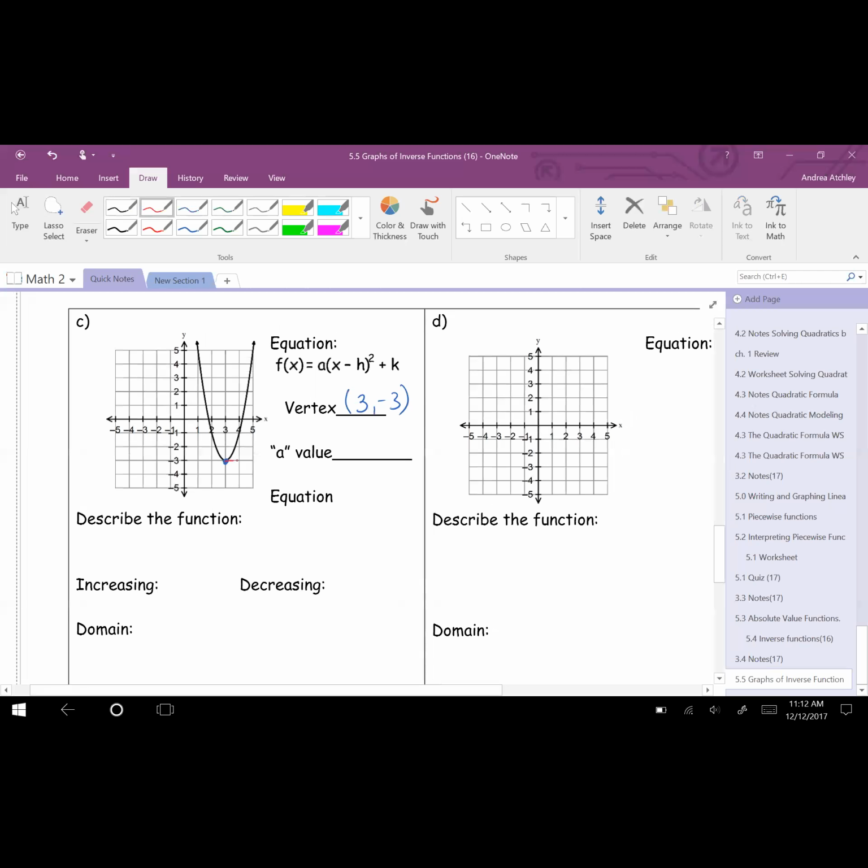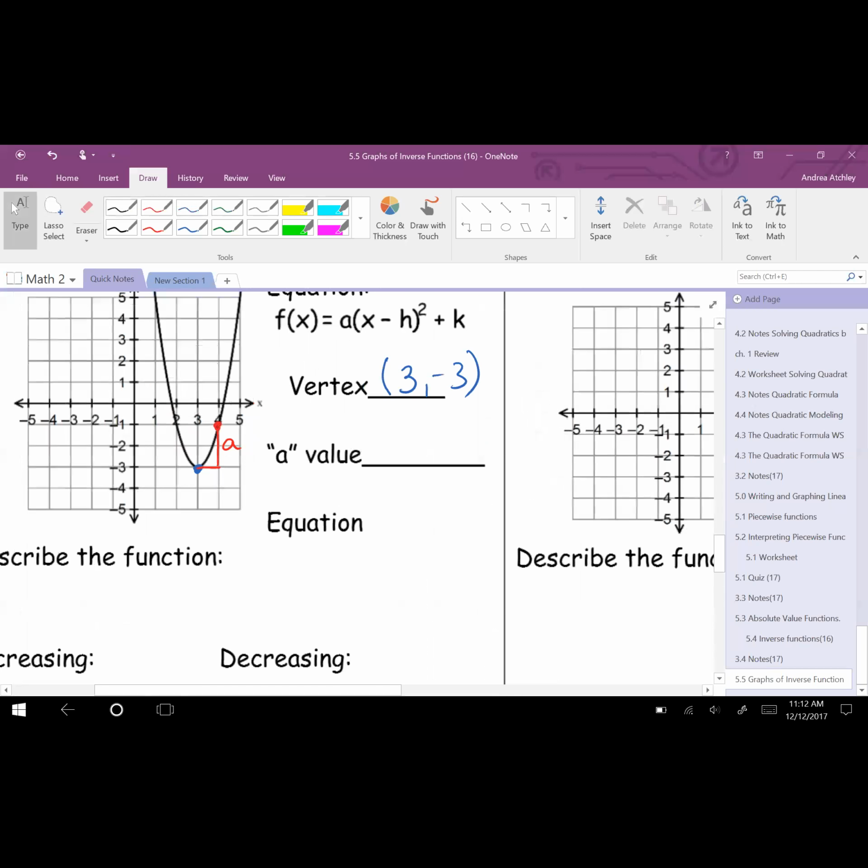And remember that a value is that first step. How far up did I have to go? Very good. I went over 1 and up 2, so my a value is 2. Any questions over that? So then I plug it into the equation.